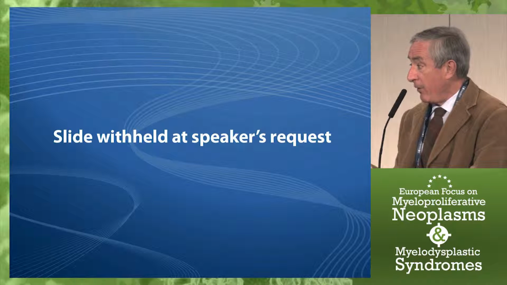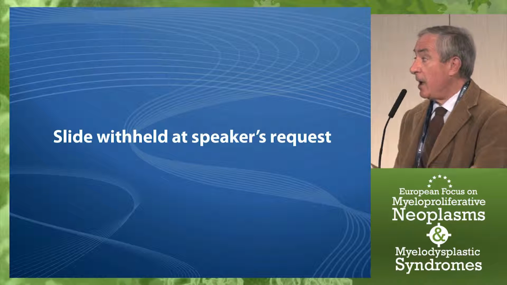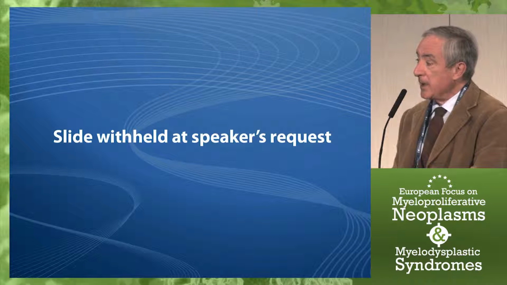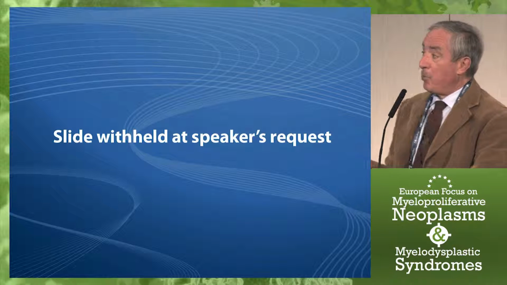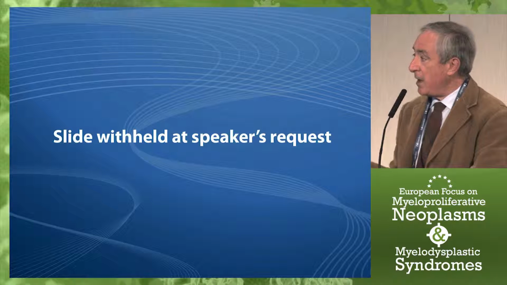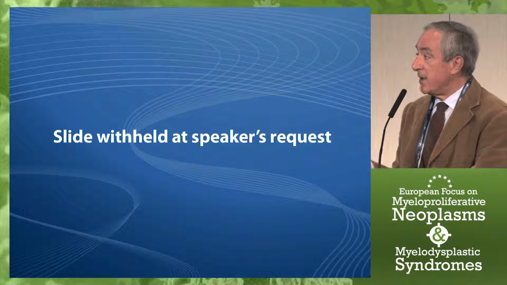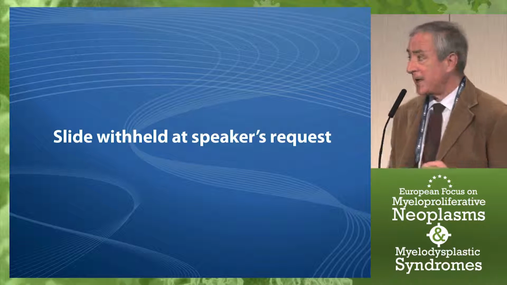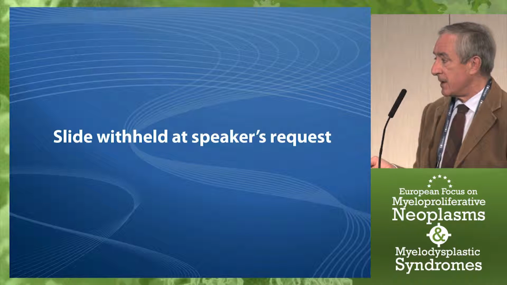Here, Luca Malcovati has done a study comparing the clinical outcome of SF3B1 mutant MDS with the clinical outcome of SRSF2 mutant MDS. As you can see, SF3B1 mutant MDS is a very indolent disease, while SRSF2 mutant MDS is a very aggressive disease.